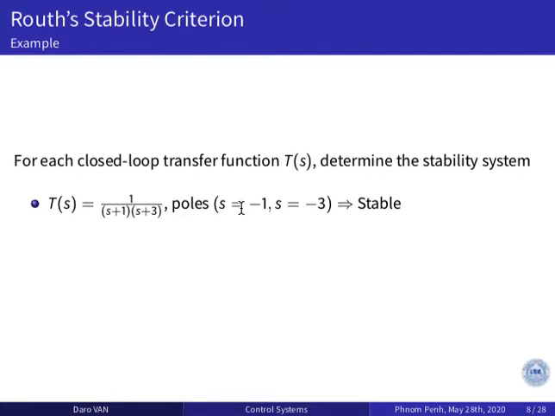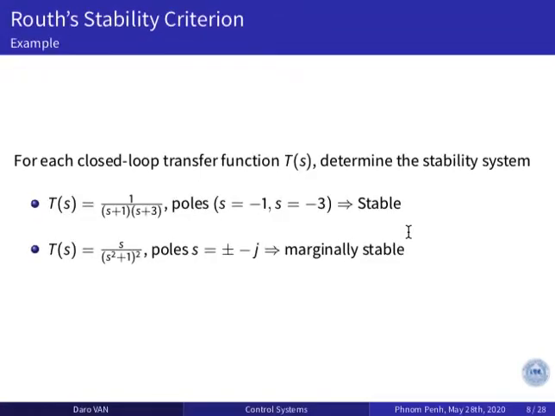In this case, s equals -1 and s equals -3. So they lie on the left half plane, which implies that the system is stable. And in this case, s lies on the imaginary axis, so it is a marginally stable system.